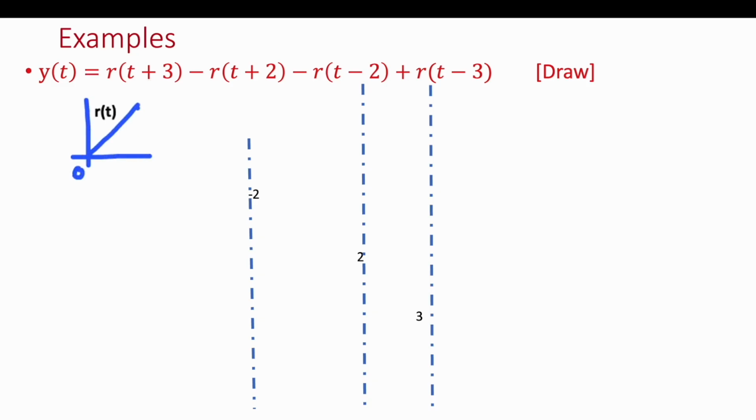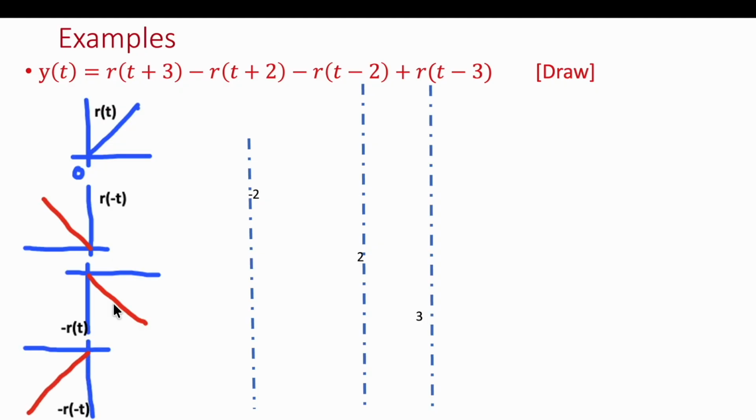I will start from the first step. The ramp signal is represented by this graph. If it is time reversed, you can write r of minus t, and you can see it is a mirror image of the given signal. If it is minus r of t, you can draw that signal on the negative axis.